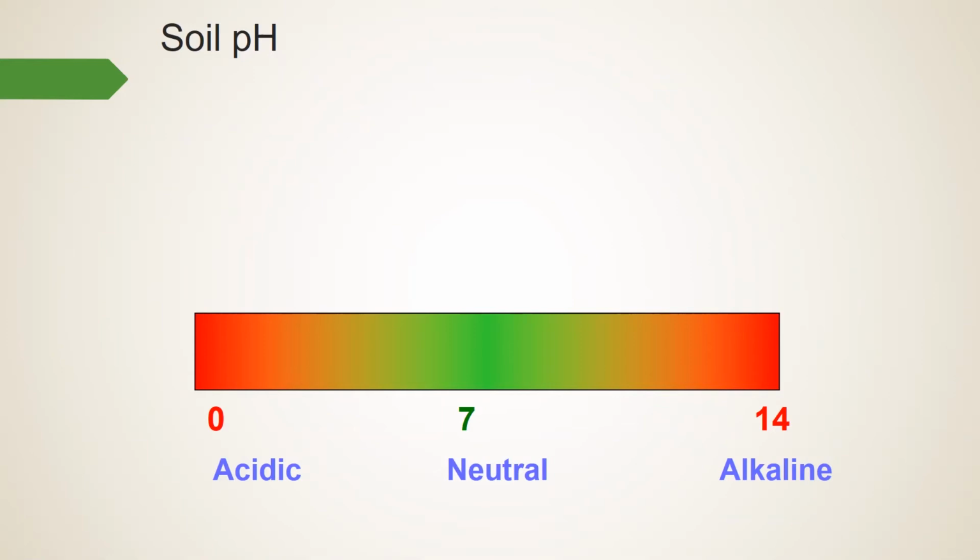So if we have an alkaline soil, it's going to be more difficult to lower it than if we had an acidic soil. It's a bit easier to raise that pH.